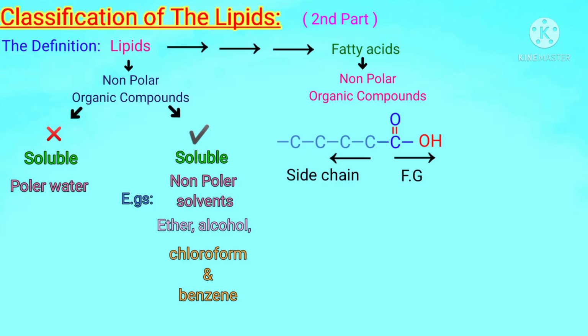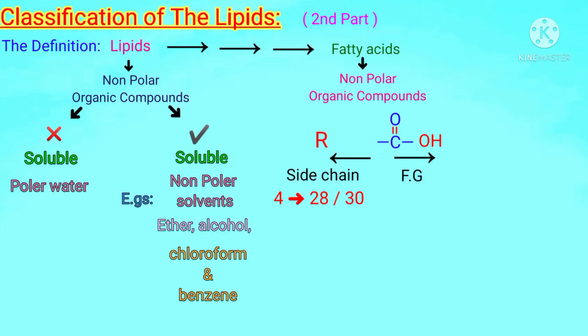This side chain has carbon number from 4 to 28 or 30. Students, this side chain is a hydrocarbon chain that is simply denoted by R. This R is written to represent the general structure of a compound.